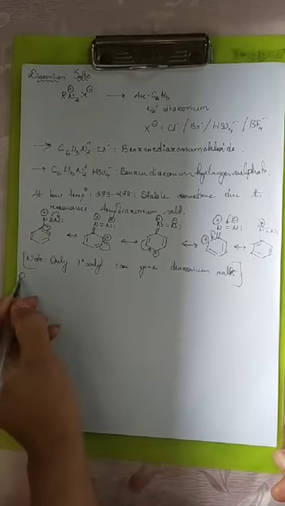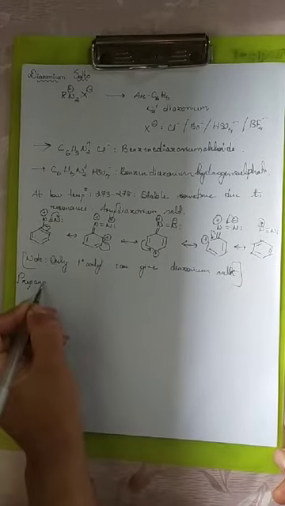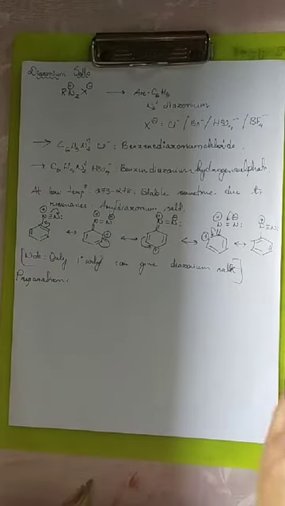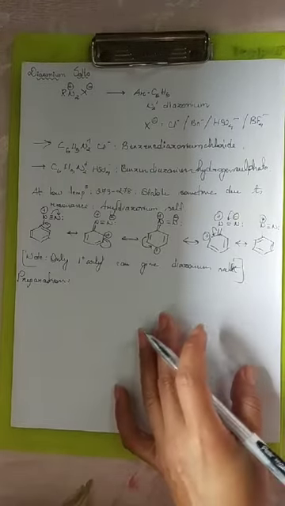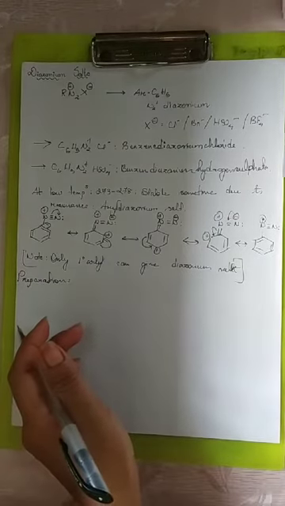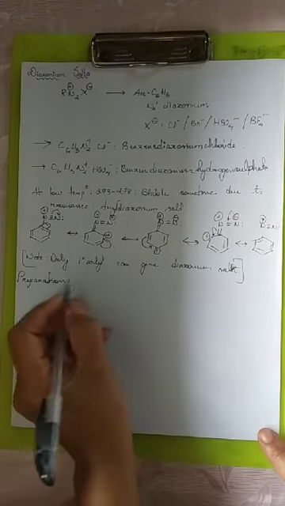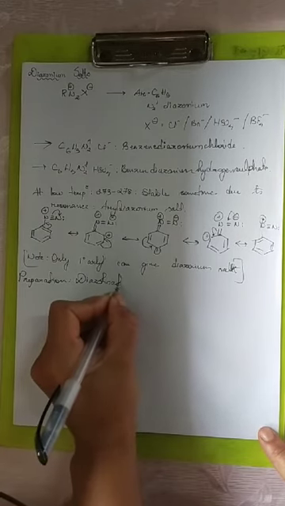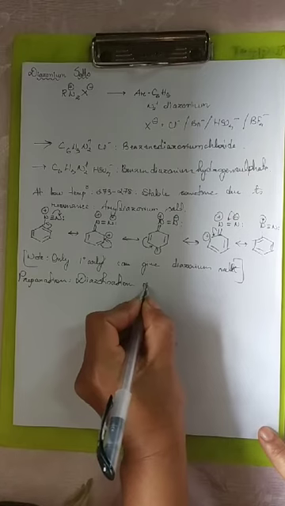Now, preparation. How are the benzene diazonium or aryl diazonium salts prepared? This process is known as the diazotization process.